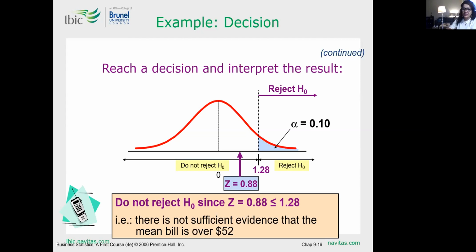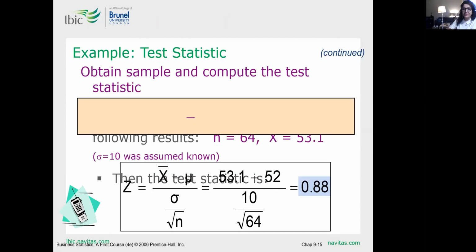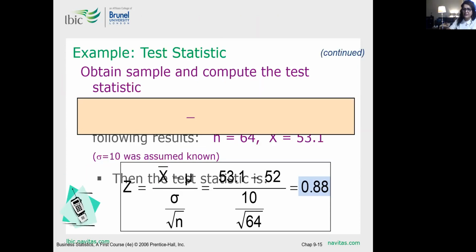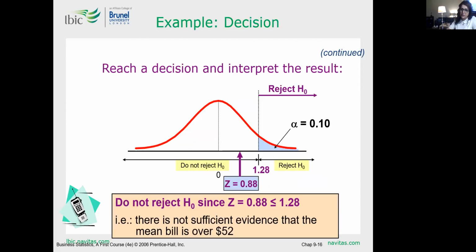The first critical value is obtained based on alpha. But the second one is based on what is given in the problem. So you need to find the z and compare them.